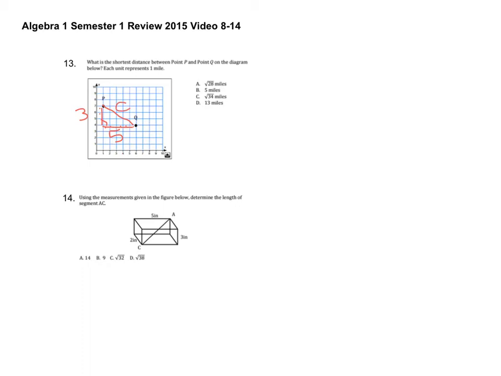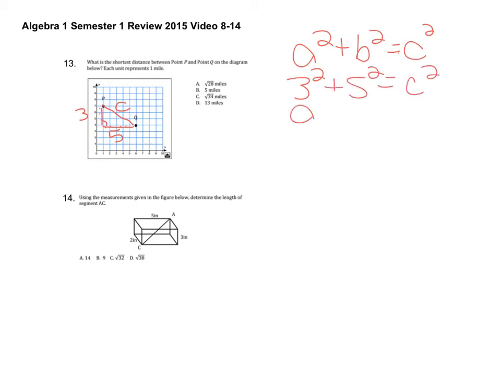So I set up 3 squared plus 5 squared equals c squared. 25 plus 9 is what? 34 equals c squared.